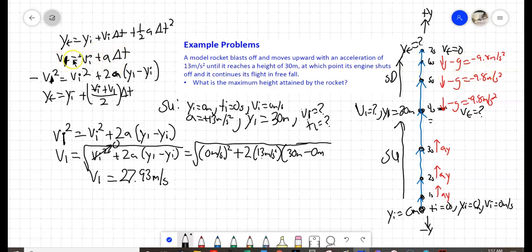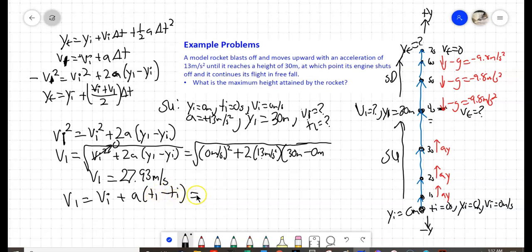Now that I have that too, I want to find the time it took to get to that height, just to be safe. I want to have as much information as I can. So I'm going to use this to solve for t final, which should be t1 minus t initial.